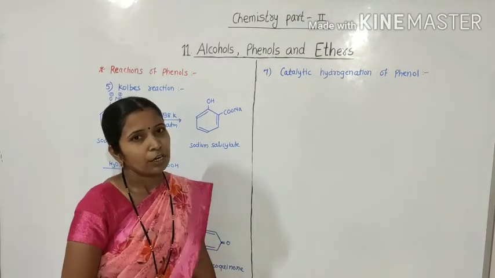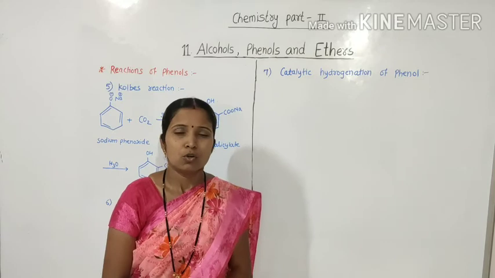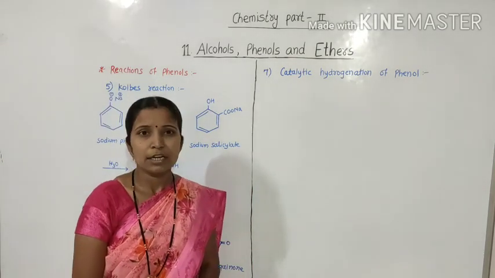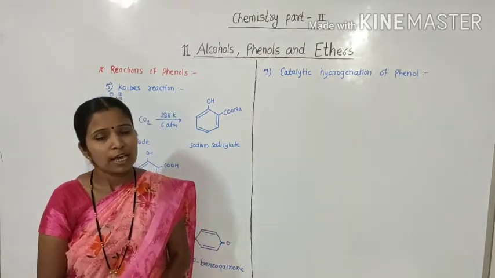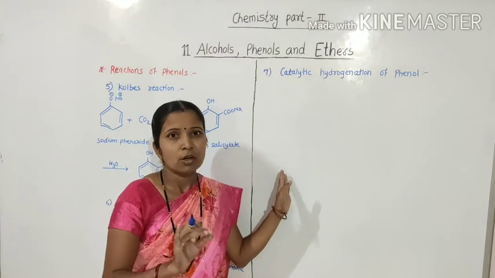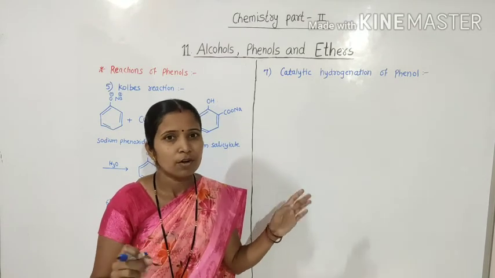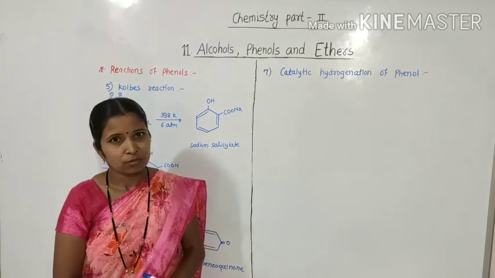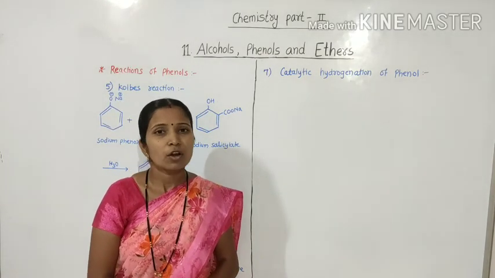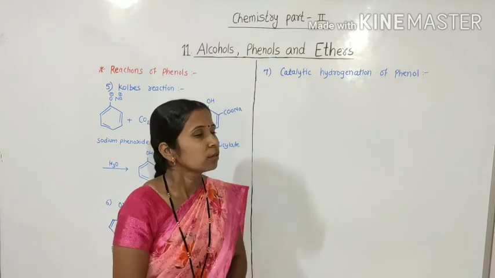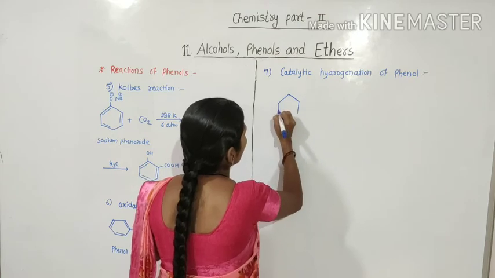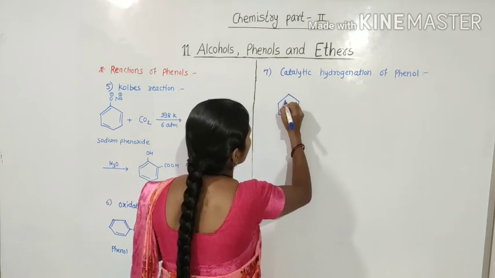Here phenol on catalytic hydrogenation gives cyclohexanol. In this reaction, a mixture of vapors of phenol and hydrogen is passed over nickel as a catalyst at 433 Kelvin.